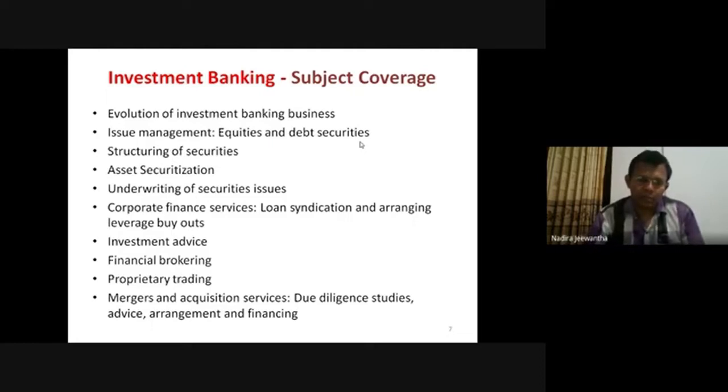Structure it: if it is a rights issue, what is the price? And if it is a share issue, if it is an IPO, then you have to print what? Prospectus. Prospectus is what? The document which contains all the information about the company.